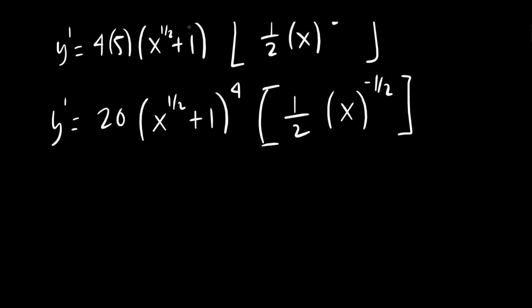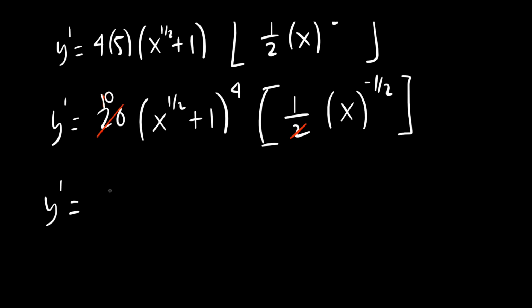After this, we will further simplify again. So we cancel 2: 20 divided by 2 is just equal to 10.